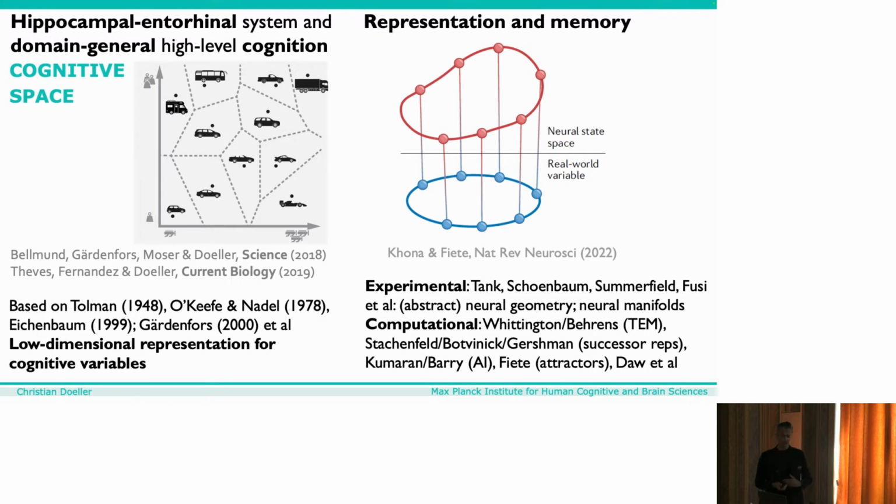And there's also, I would almost say, a boom in computational ideas, computational models trying to describe somehow the development of these state space representations. Just to name a few, I will in brief mention the Tolman-Eichenbaum machine by Whittington and Tim Behrens, but also their ideas about successor representations and many other ideas.